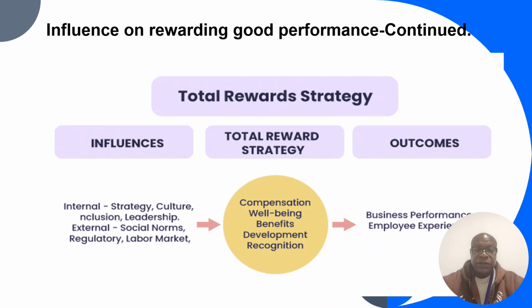By applying all of these, there will be a positive outcome. For example, the business will perform as expected, or an employee will experience satisfaction on the job. All right, so that is called total reward strategy.